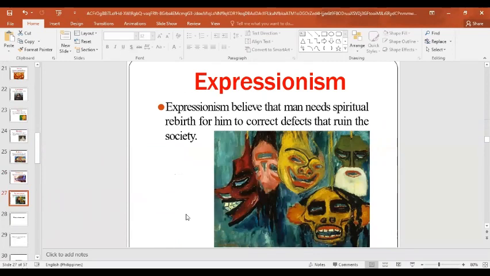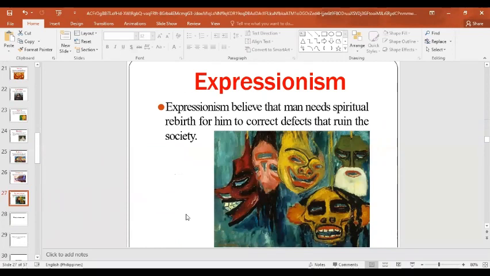So, common na example when we talk about expressionism, it involves chaos, some sadness, tragedy, or even defeat. Yan yung mga common na pwede nating i-example when we talk about expressionism.